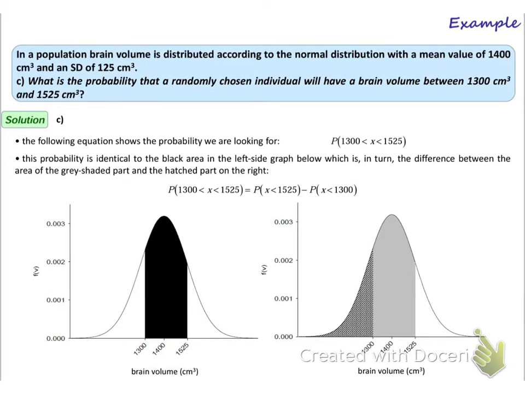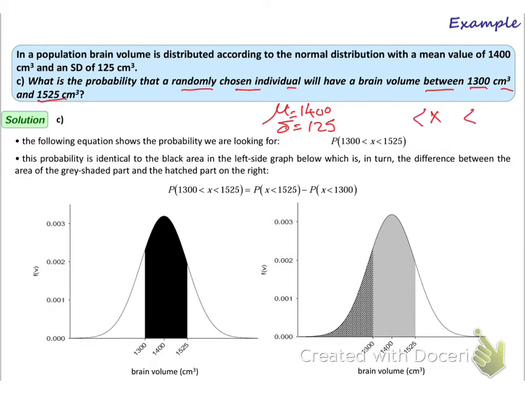In this example, which is also a simple one with the same principle, I have 1400, this is my mu, and my sigma, which is 125. He asks: what is the probability that a randomly chosen individual has a brain volume between 1300 and 1525? So let us leave a space here before x.